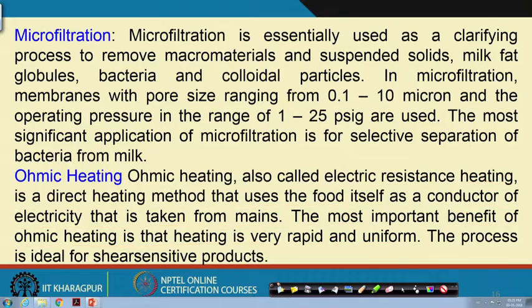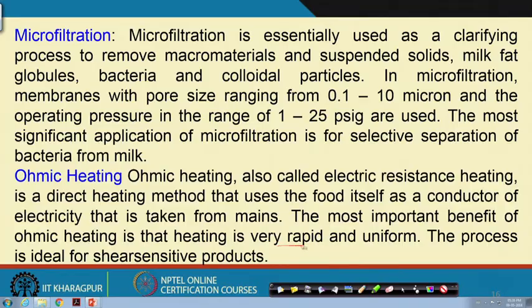Whereas in this case the heating is very uniform, because you are using the food product as your resistance material. You are passing electricity through it, and that is causing the product to be heated up. So rapid and uniform heating is the primary key to the success of this unit.